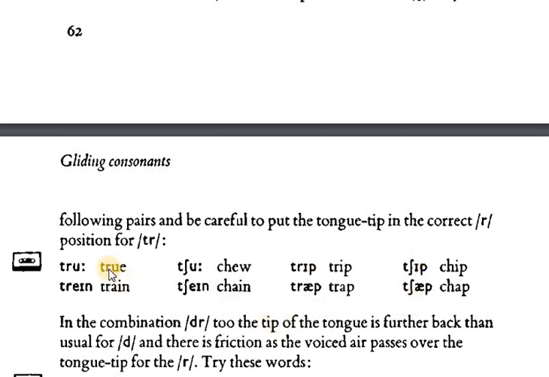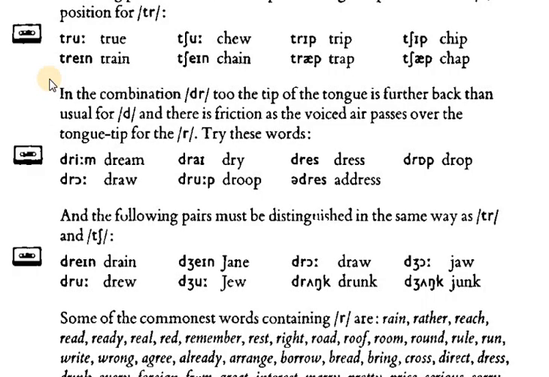There is a difference between T-R and CH. In the combination D-R, the tip of the tongue is further back than usual for D, and there is a friction as the voice passes over the tongue tip for the R. Try these words. Of course if I have D-R, the tongue tip will be far back in the mouth when producing D. Why?